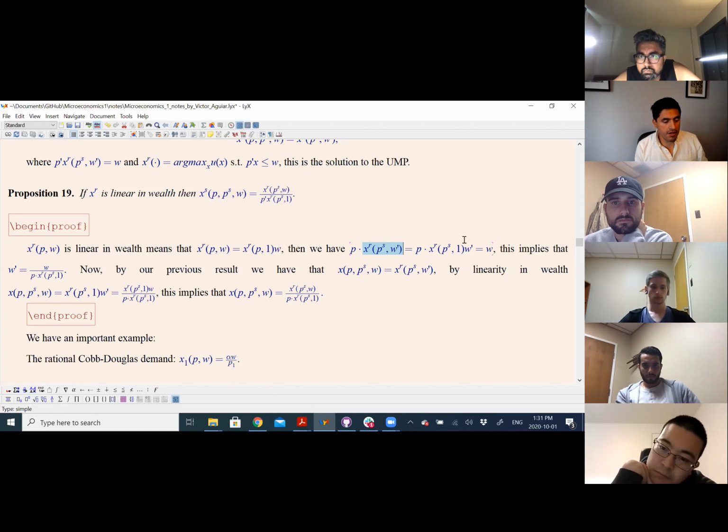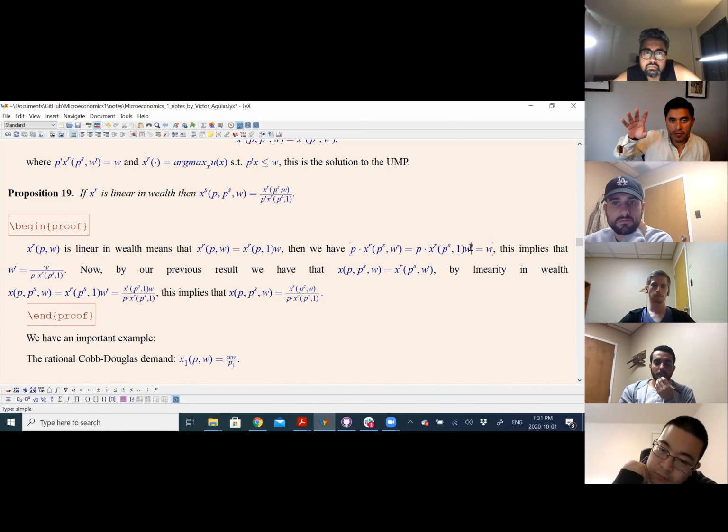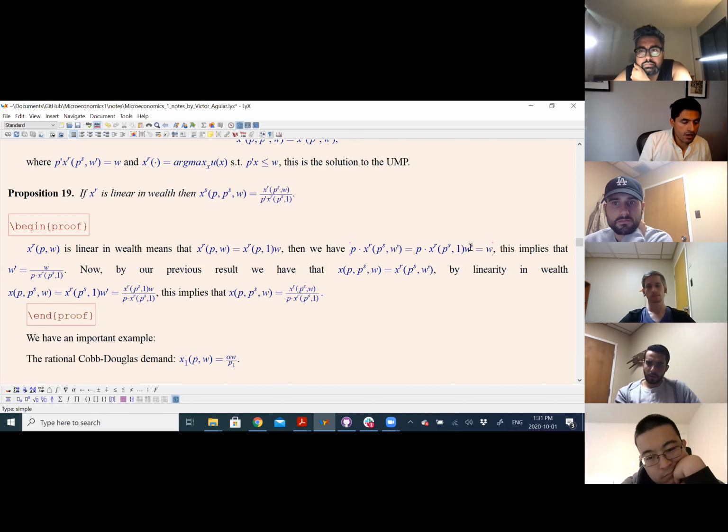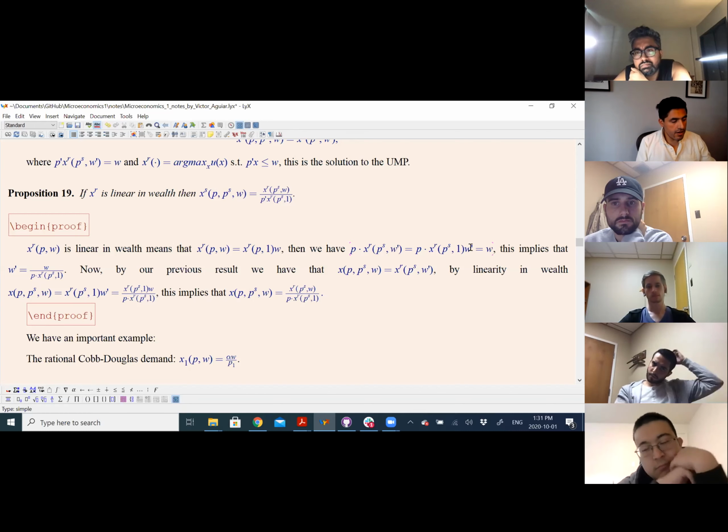Because I have the wrong price, I have to have the wrong income in the rational one. So my objective is to find this W prime. W prime is defined as the unknown. W prime is less than W, right? We're going to see what exactly it is.